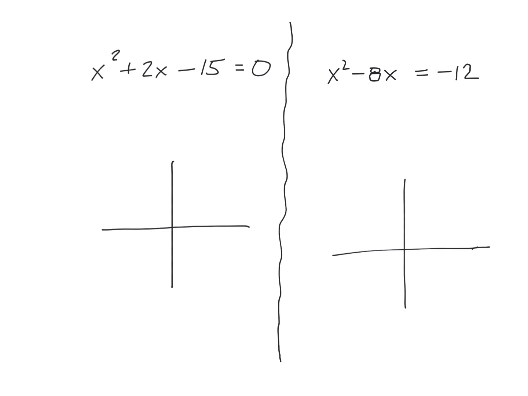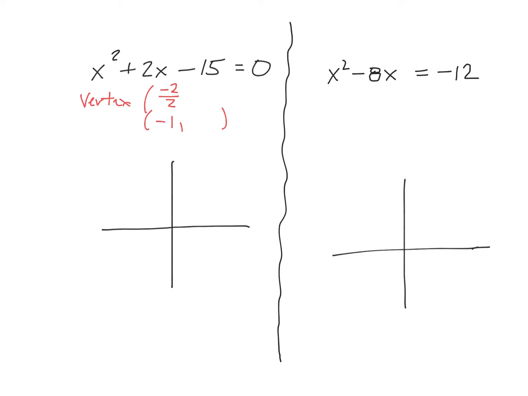So a couple examples. x squared plus 2x minus 15 equals 0. If I was going to solve this by graphing, the vertex would be negative b over 2a, which would be negative 1.